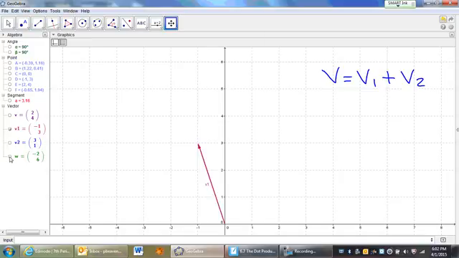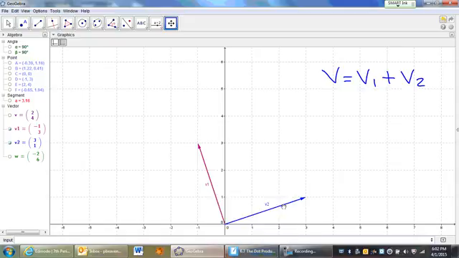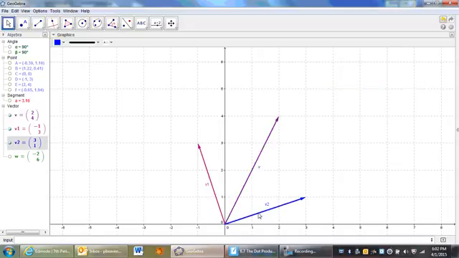V sub 1 and V sub 2. If we add those two vectors, remember I was not able to show you how to do that, but let me see if I can do it here. If you add those two vectors, the resultant vector will be vector V. So it's that one there. And let me see if I can do what I was trying to do last time. No, it's not going to work. So let's just leave it there.